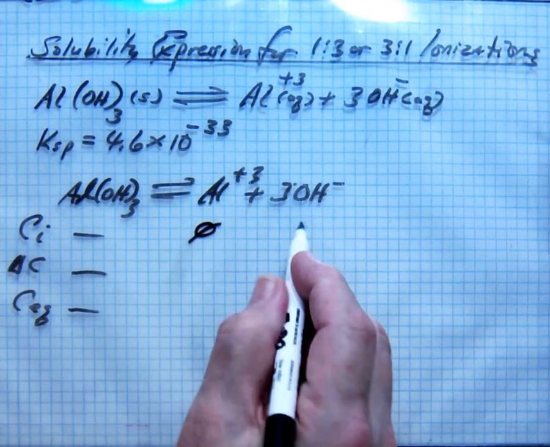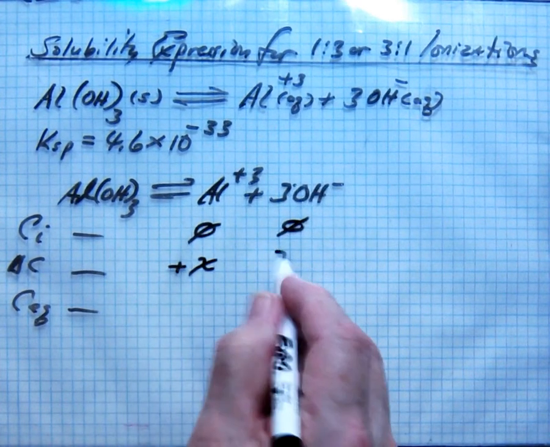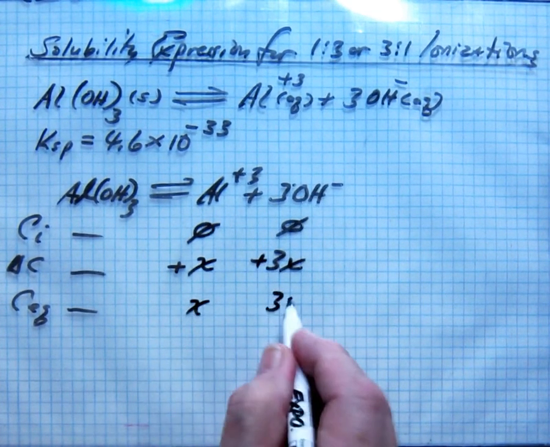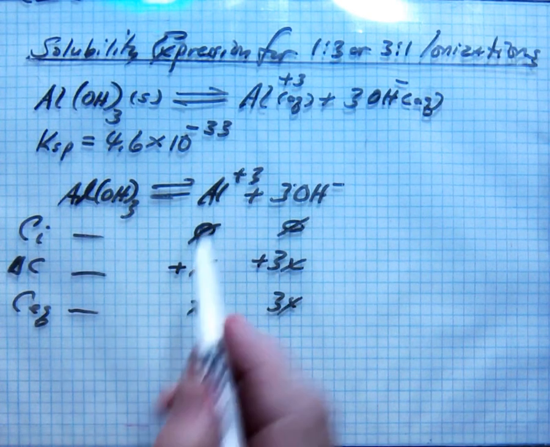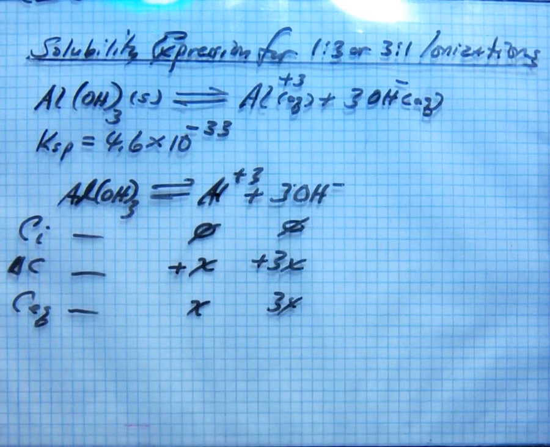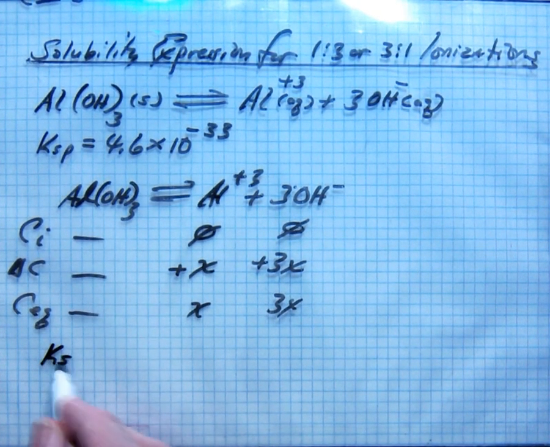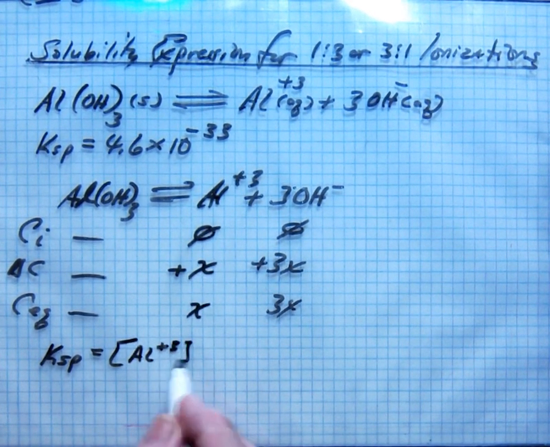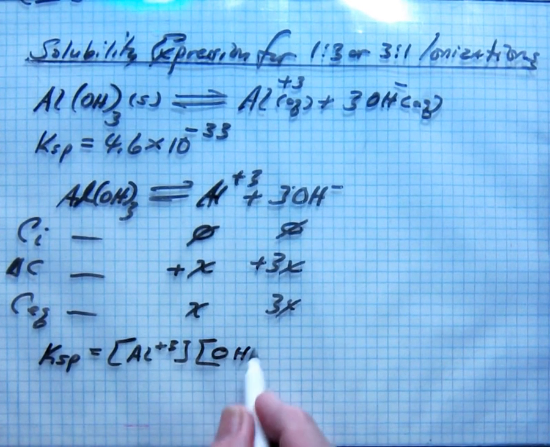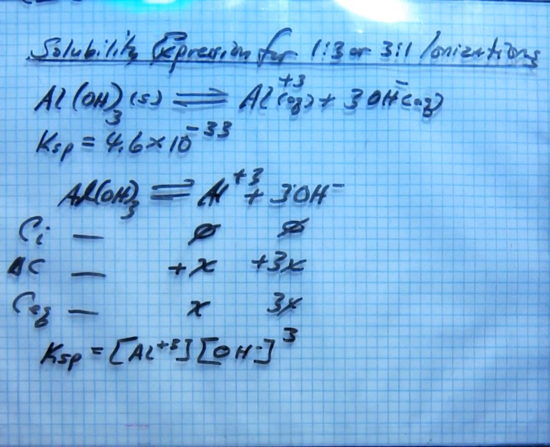We start off with 0 and 0 and deliver X and 3X this time, and have X and 3X at equilibrium. Again, the solubility product expression is only in terms of the product side. Remember, the salt side or reactant side is ignored. So the KSP for this one is aluminum times the concentration of hydroxide cubed, because it has a coefficient of 3.